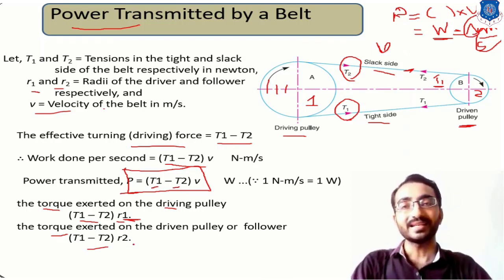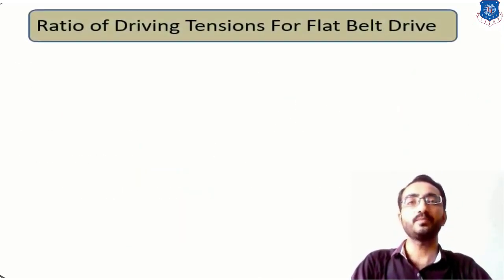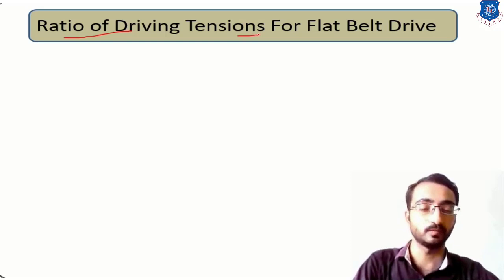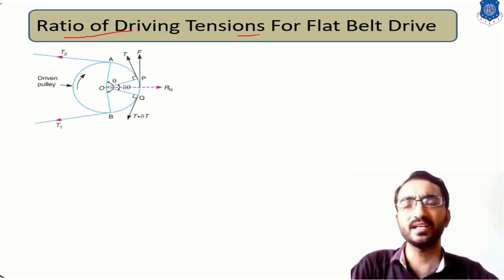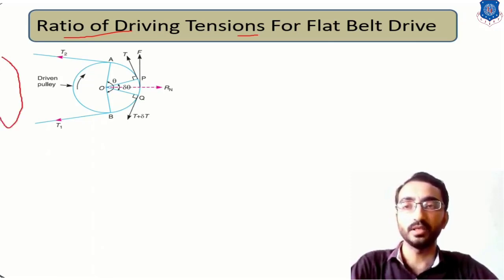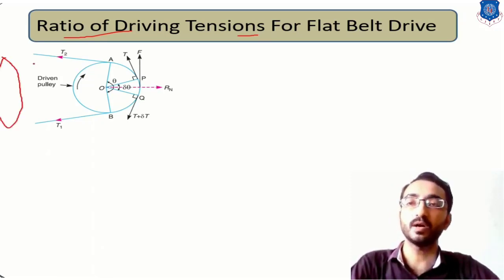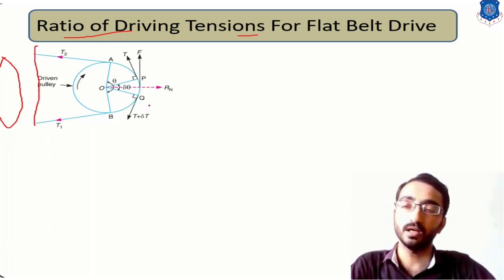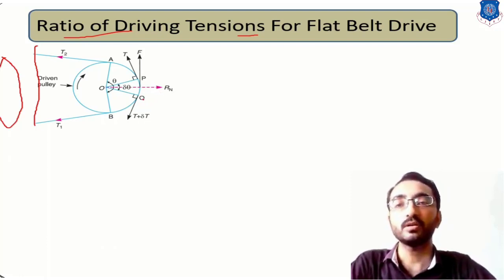Now let's derive one very important derivation, the ratio of driving tensions in a flat belt drive. Let's consider a flat belt drive in which the driver pulley is mounted on the left side and the driven pulley is mounted on the right side. Here we have sketched only the half section of the driven pulley.